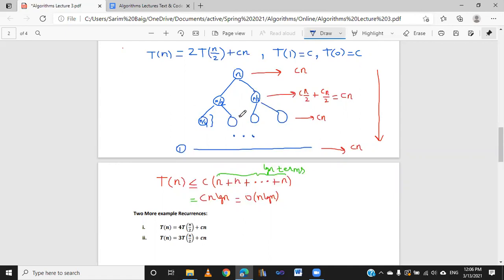Similarly, C times n/4 in this call, and C times n/4 here, and C times n/4 here. So 4 times Cn/4 is again just Cn. And now you can use your imagination. In the next level, there are going to be 8 calls of n/8 size each. Each of them takes Cn/8 time. So 8 into Cn/8 is again C of n.